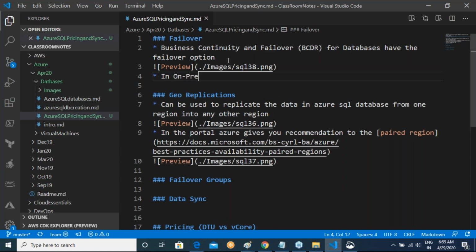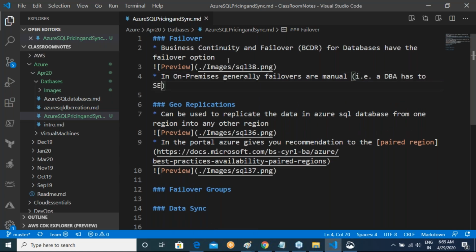In on premises, generally failovers are manual. When I say manual, that is a DBA has to perform it. DBA or a service has to perform this. When I say DBA, it could be an IT resource also, right?